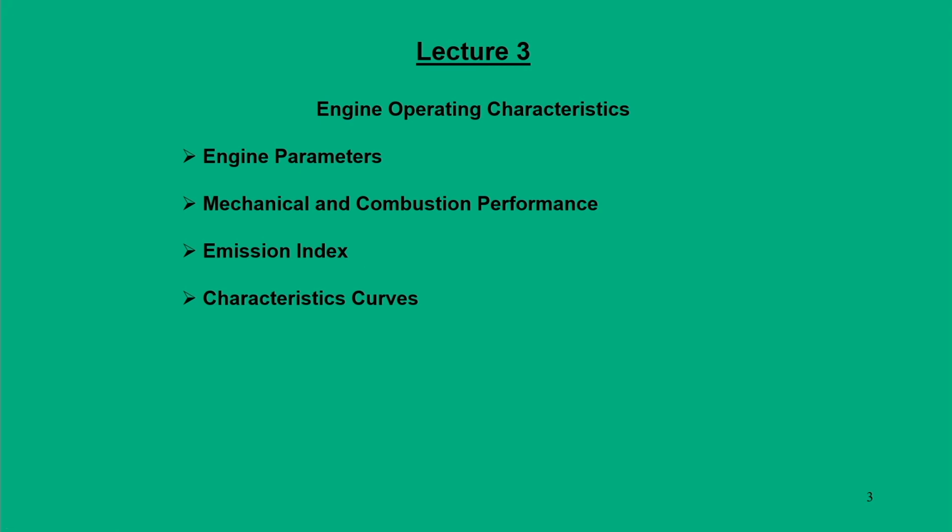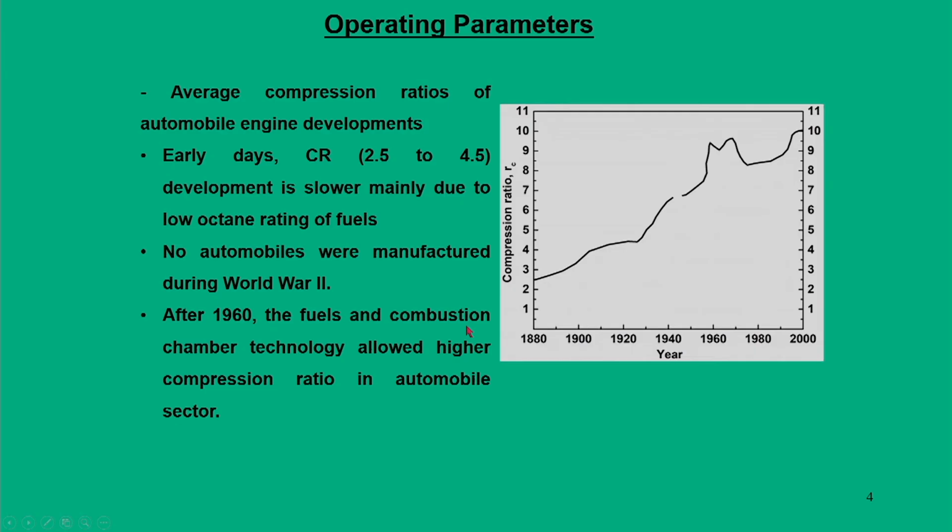Finally, we will end by discussing a few characteristic curves, and in those curves we try to see the particular trend that the performance, combustion and emission parameters should show with respect to SI engine and CI engine.